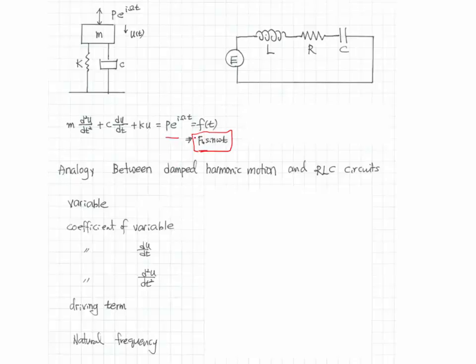Then this driving force can be expressed with the acceleration term, the viscous damping term and the stiffness term. And just like that, we can also write this RLC circuit with respect to the charge.